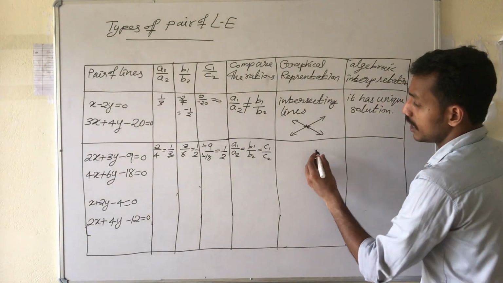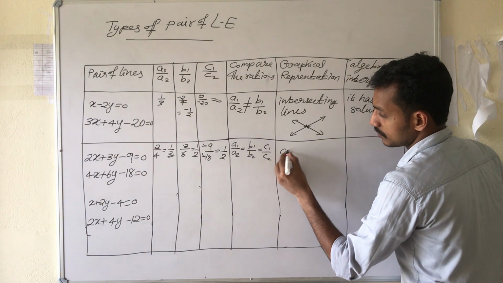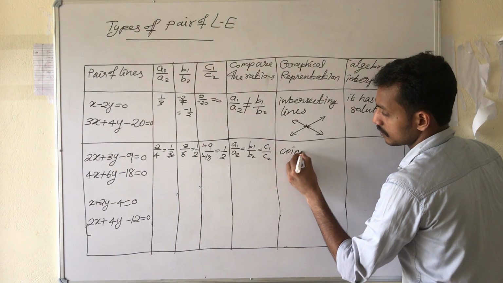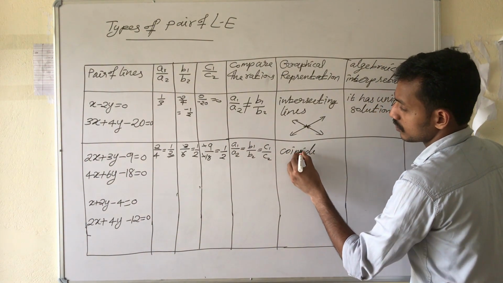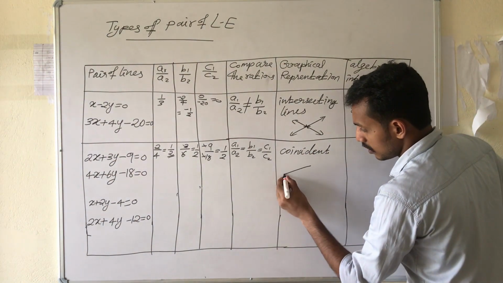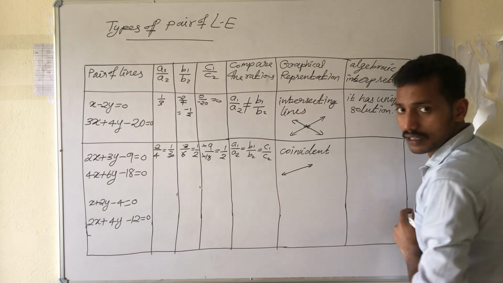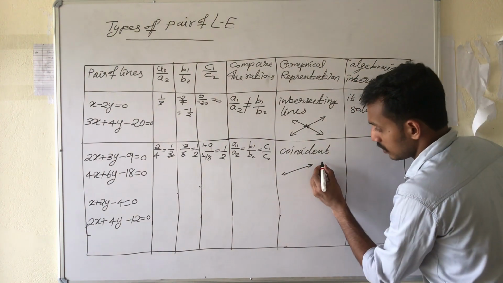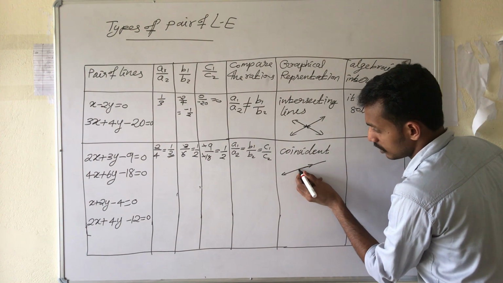And its graph will be coincident. That means, suppose this is the graph of one equation, the other graph will be coinciding with the first equation.